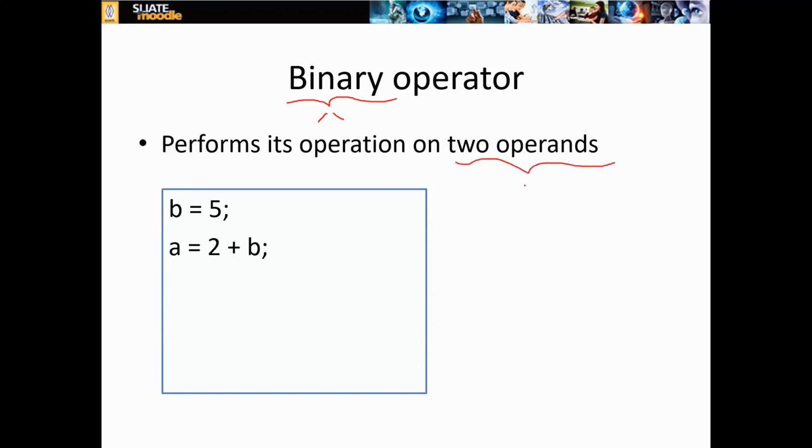For an example, here you have the example A equals 2 plus B. So here we have a binary operator, and you see 2 is the value and B is a variable. This side we have a value and this side we have a variable. And here in the middle you have the binary operator.